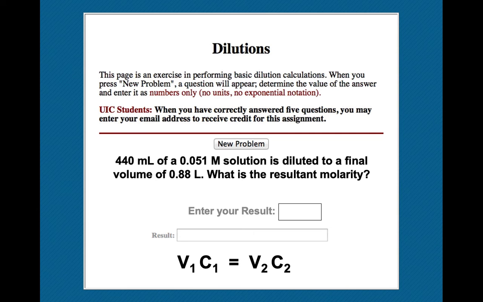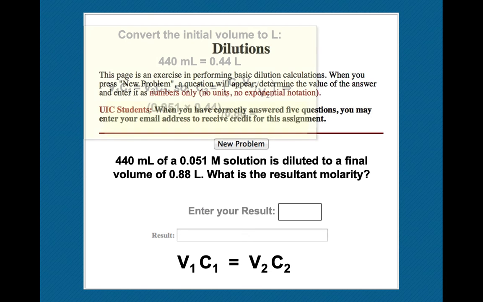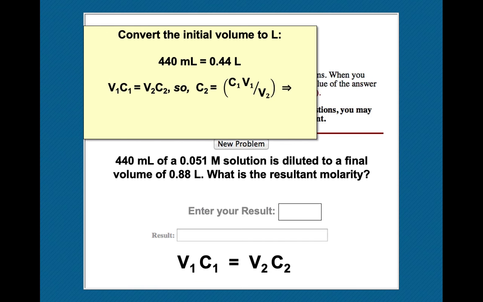So 440 divided by 1,000, 0.44. C2 is C1 V1 over V2. Simple math. Do our substitution: 0.44 is V2, C1 is this.